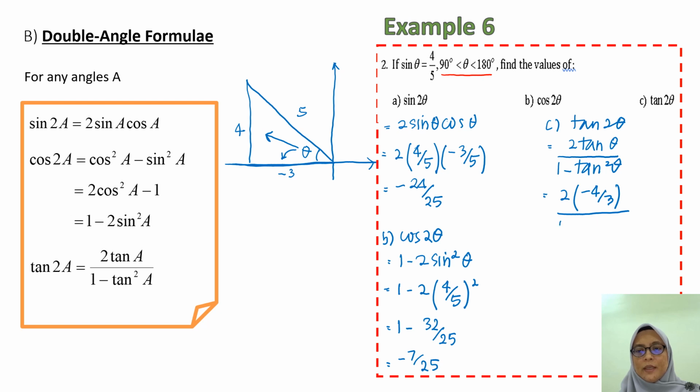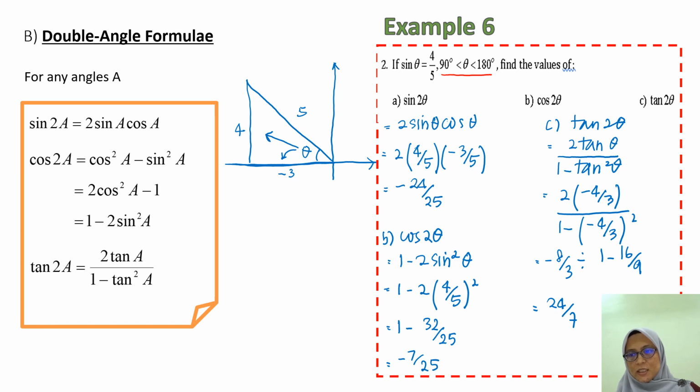So all divided by 1 minus negative 4 over 3 square. So calculate, you will get negative 8 over 3 divided by 1 minus 16 over 9. So simplify, you will get 24 over 7. So the value for tangent 2 theta.